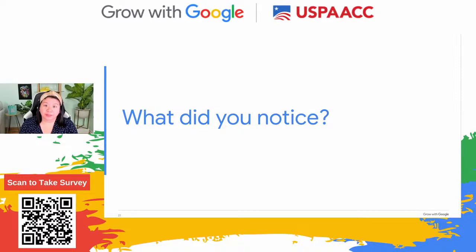So take a few moments and think about, what did you notice in that email? Share what you noticed in your Google Doc to take some notes. And think about, what are some of the warning signs you may have spotted in that email example.